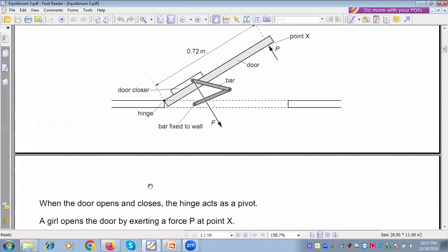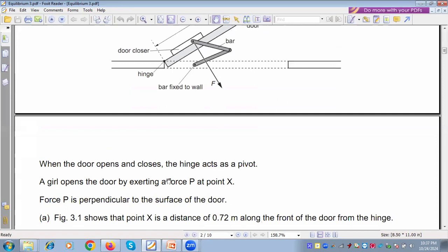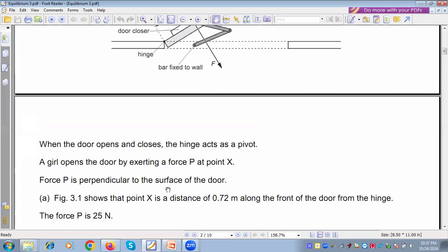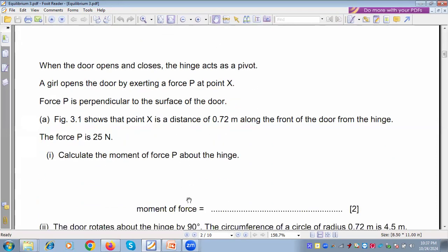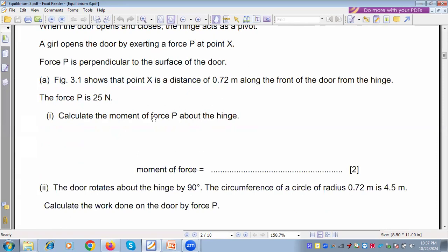So if force P is 25 Newton, what will be the answer for the turning effect of the force? 25 into 0.72. Calculate the moment of P about the hinge. We know the perpendicular distance and we know the magnitude of the force, so we can solve it.